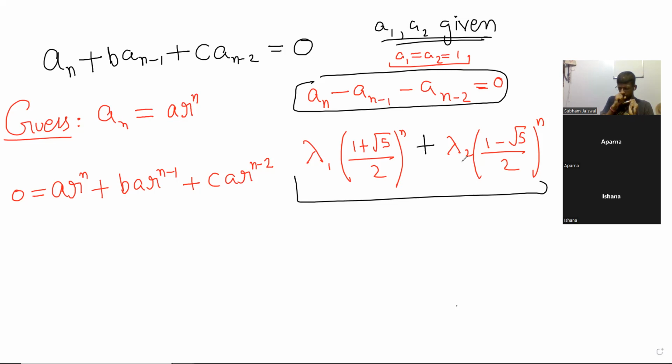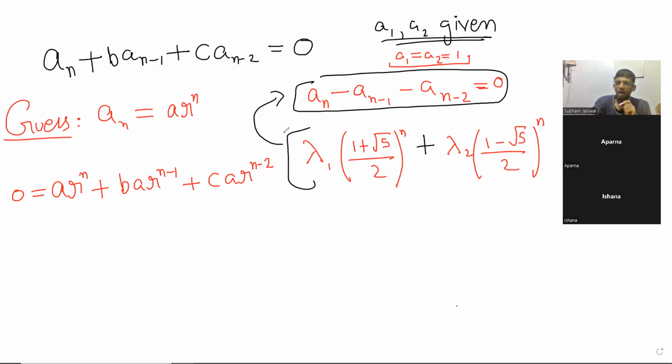Right. So the point is that now we just have to show that this also satisfies this equation for the correct values of lambda 1 and lambda 2.